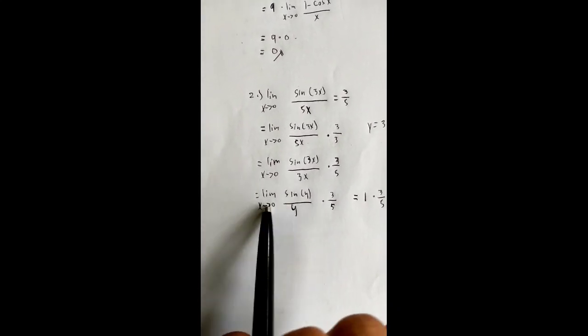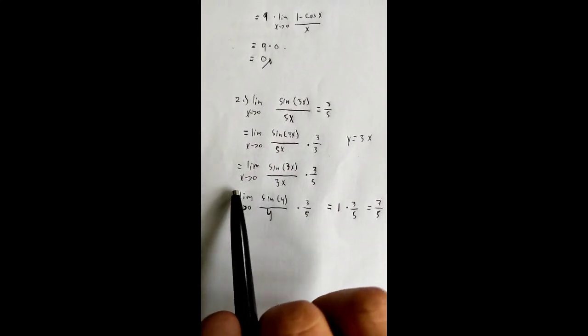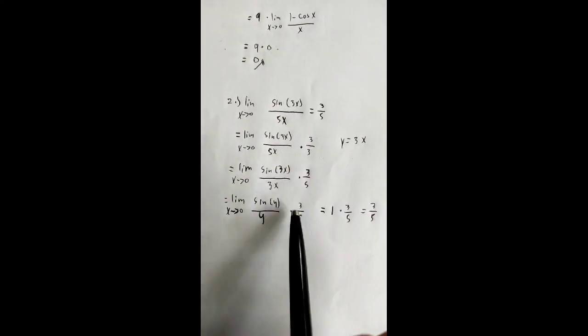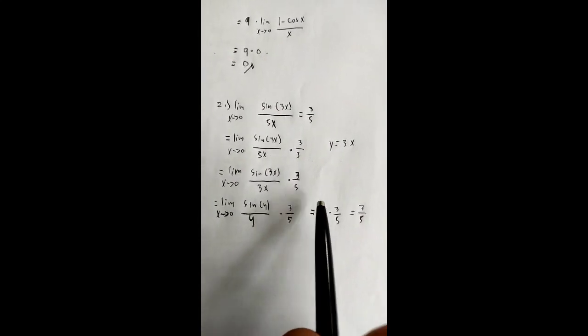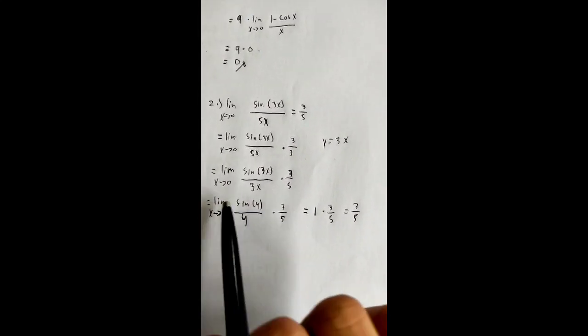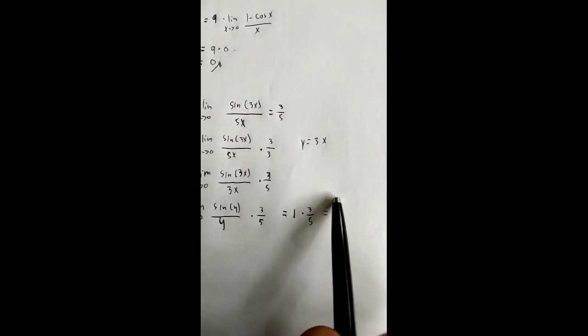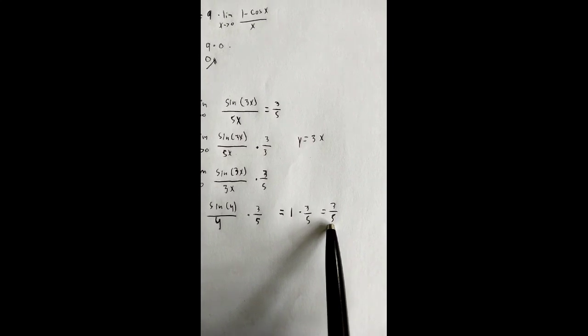So this is supposedly 1, and we multiply it by 3 over 5. So that will be 1 times 3 over 5, which is equal to 3 over 5. So if we check it, we have the same answer.